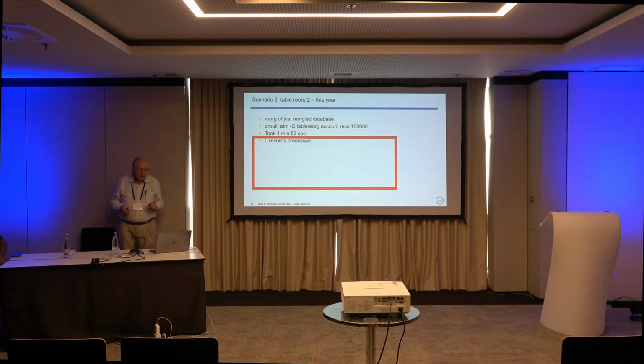Also, something I want to point out, you can see here the command line that I used, table reorg account recs, 100,000. That 100,000 is how many records per transaction to move.